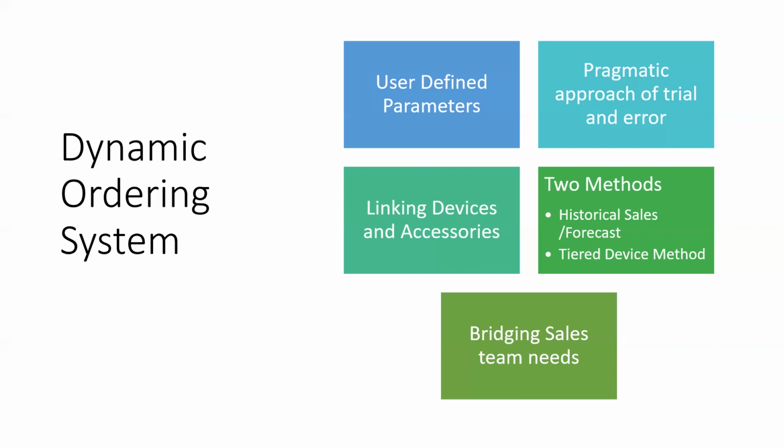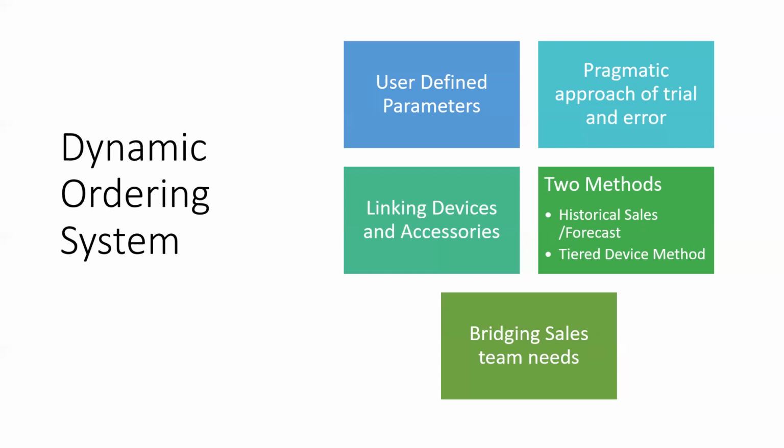You might have 10 devices on hand in a specific location, a new launch that you just ordered, but there is no historical sales of accessories for that device. So the tier device method is kind of your foolproof mechanism to make sure that you have accessories for that device if the historical sales forecast fails. And then you should be able to select the higher of the two. So this is how we process it.